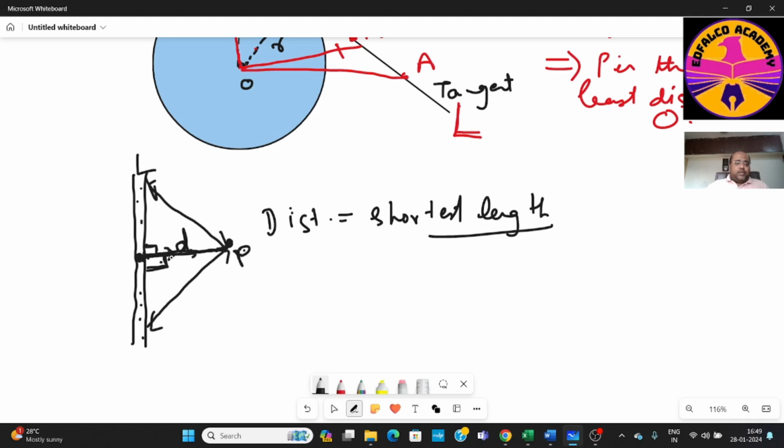What is the shortest distance? Directly heading towards P. That means you are going exactly perpendicular to this line towards point P.